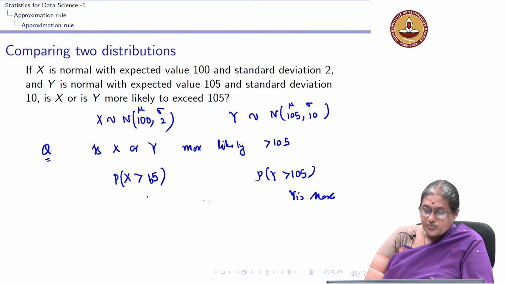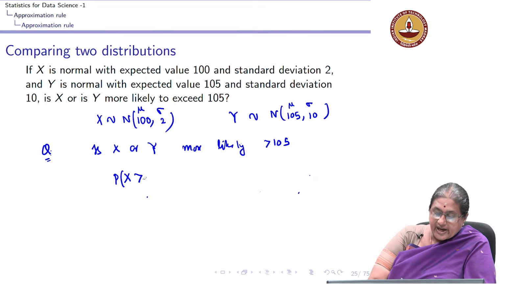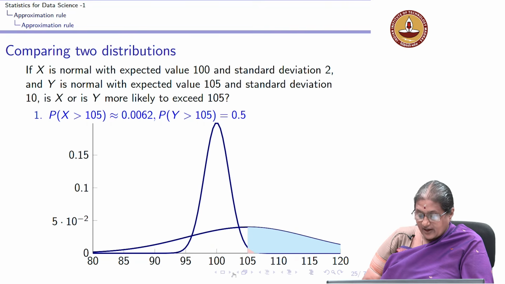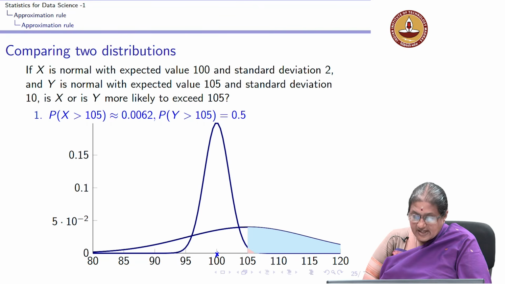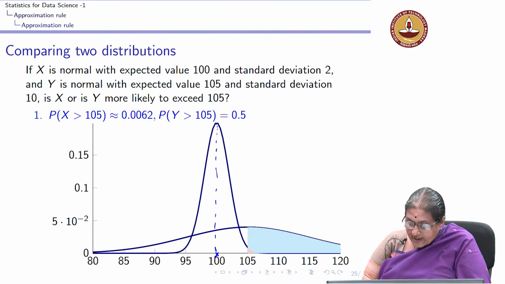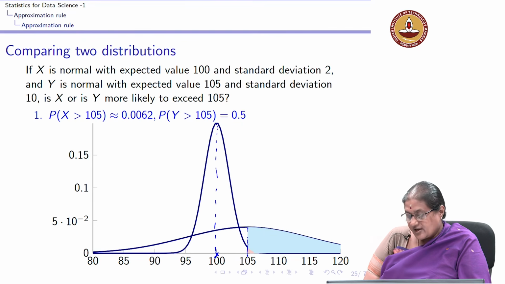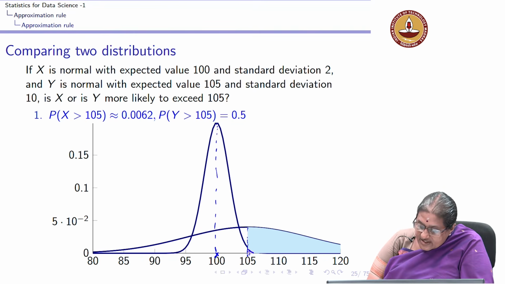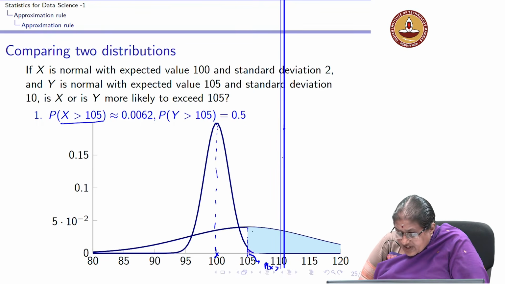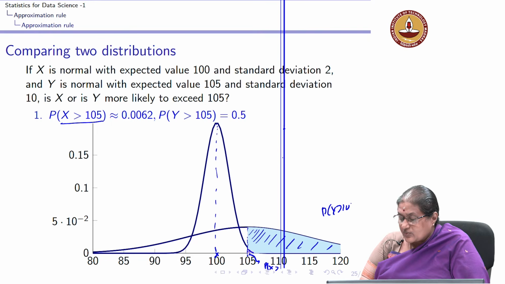So, let us check the probability of x and y being greater than 105. Again, if we look at the curves, x has mean 100 and standard deviation 2, and y has mean 105. The orange region gives the probability x is greater than 105, whereas the blue region gives the probability y is greater than 105.